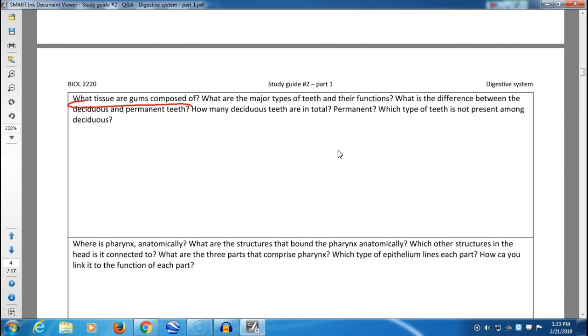Oral and laryngo. So they are covered with what type of epithelium? Stratified squamous. And naso is pseudostratified columnar. How many deciduous teeth, by the way? 20. Permanent, 32.